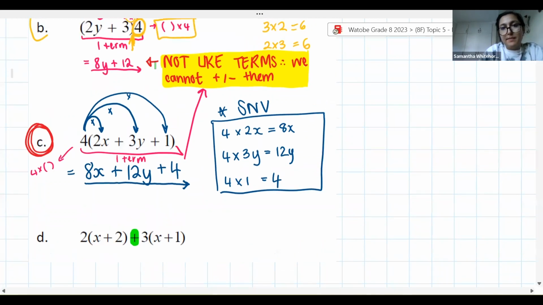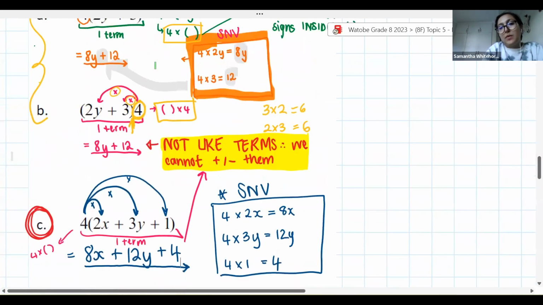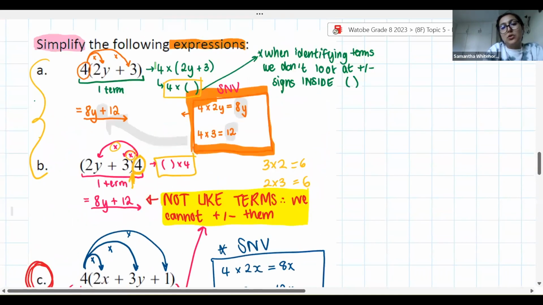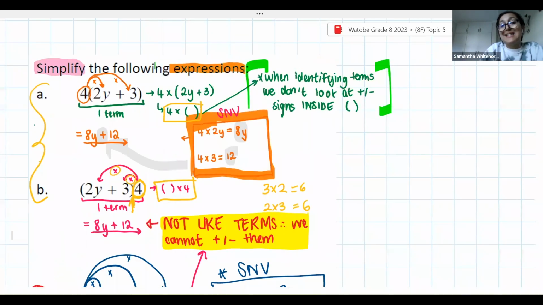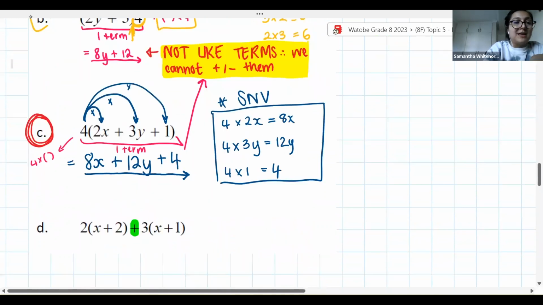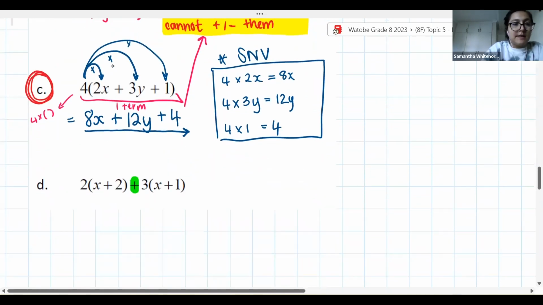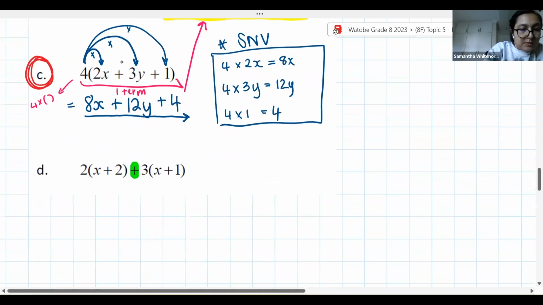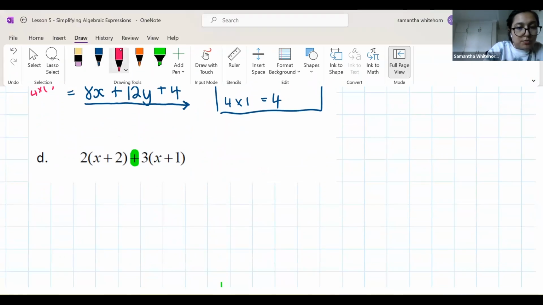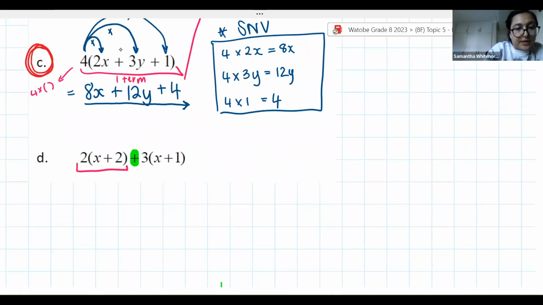But now all of a sudden in question D, I see that there is a plus sign outside of my brackets. Now remember, over here, I said that when we identify terms, we don't look at the plus or minus signs inside brackets, but we do care about the ones outside brackets. So in question D, we have got a plus sign outside of our brackets. Now that is very important because it means that I've got 2 terms in this expression.